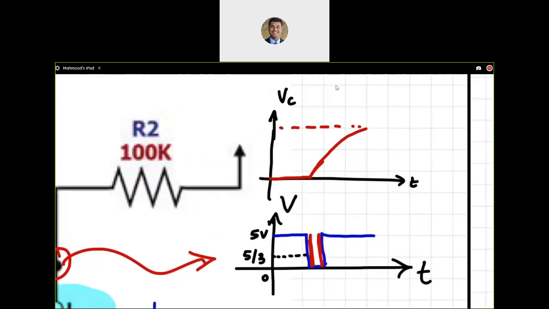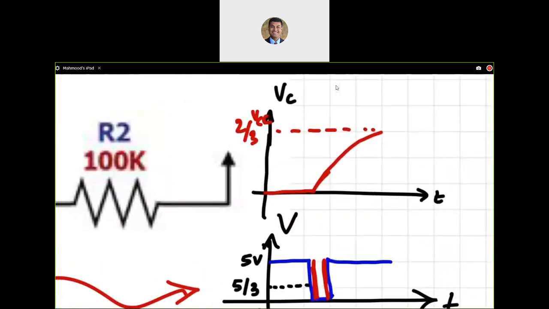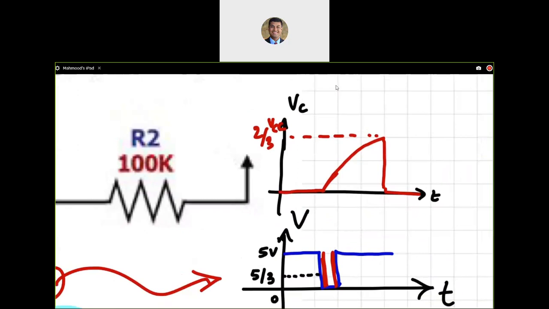Once it reaches 2/3 of VCC, it is going to flip the threshold comparator output, and you're going to start discharging the capacitor through pin 7, which will lead to an instant discharge. All of this will result in the output pin going 0 here, then it'll jump high and stay high, and then it'll come back down over there.